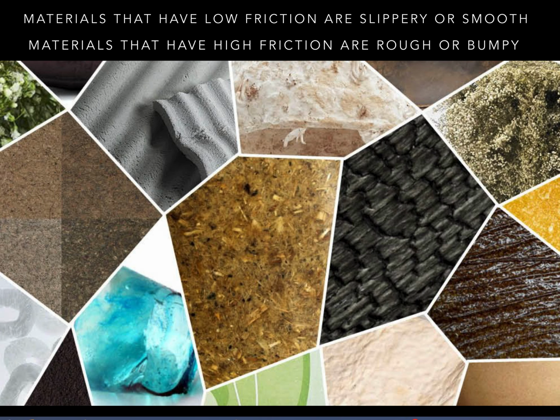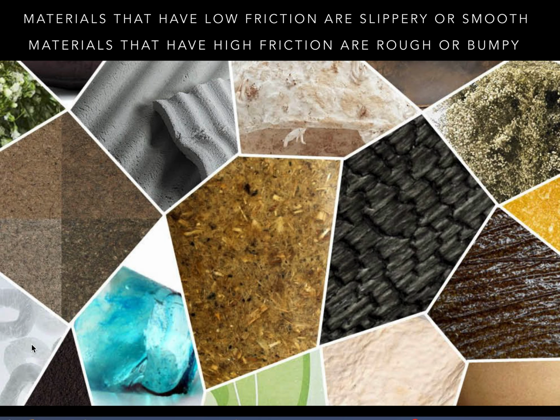Not too many bumps up close. So the bumps on materials, we call that friction. And the materials that have a low friction are going to be smooth or slippery. And materials that have a high friction are rough or bumpy.